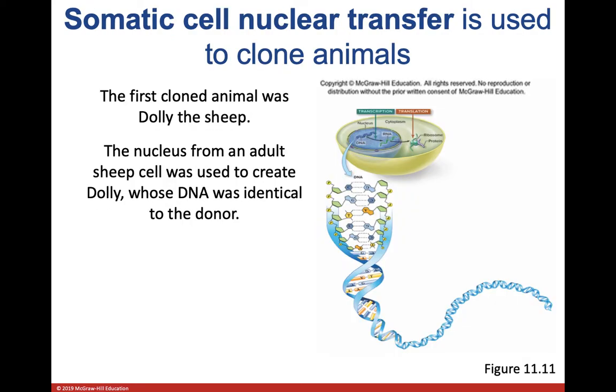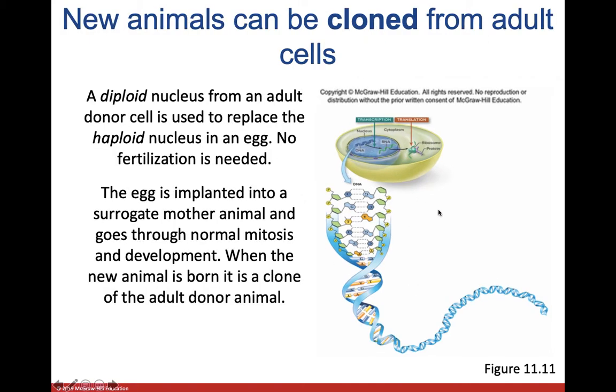Animals are a little different. Essentially what you do is you take an egg from a mother. So let's talk about Dolly the sheep. You take an egg from a sheep and you remove the nucleus. All the DNA of the original mother sheep is gone. So you have an empty egg with no DNA inside.